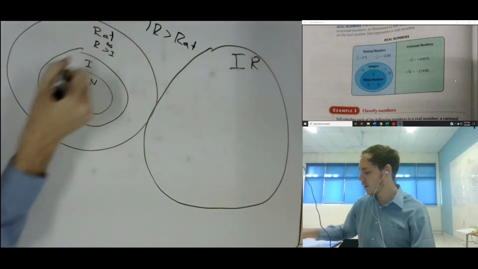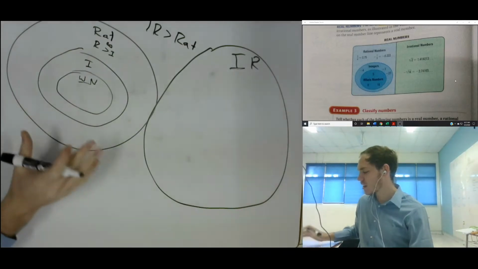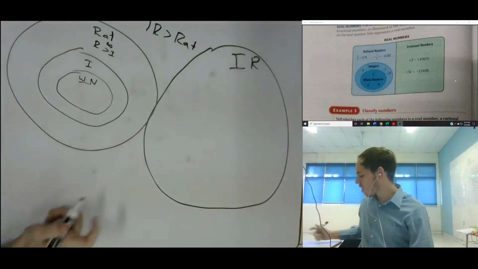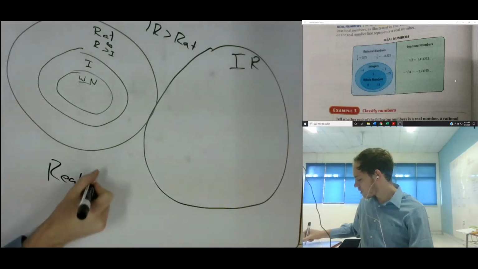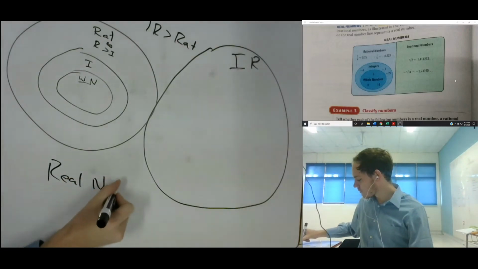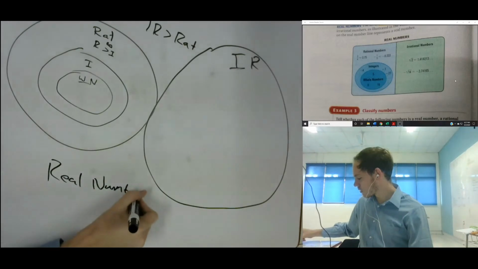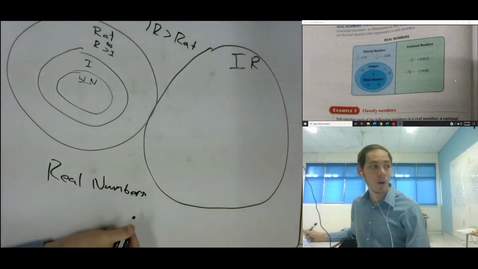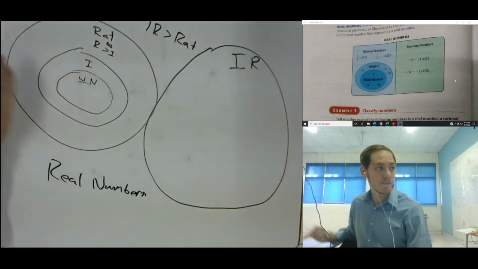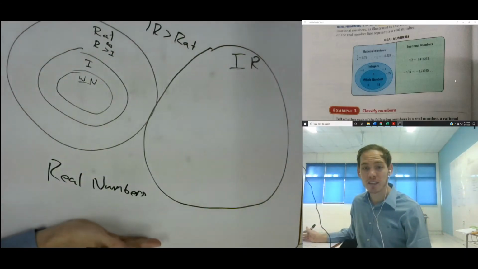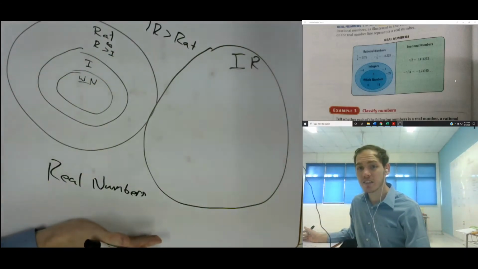Okay? Now, the amazing thing is, these two categories are what makes up the real numbers. And if someone's over there asking, what about imaginary? Okay, you see how big this is. Real numbers is really big. Imaginary is infinitely bigger than real numbers.